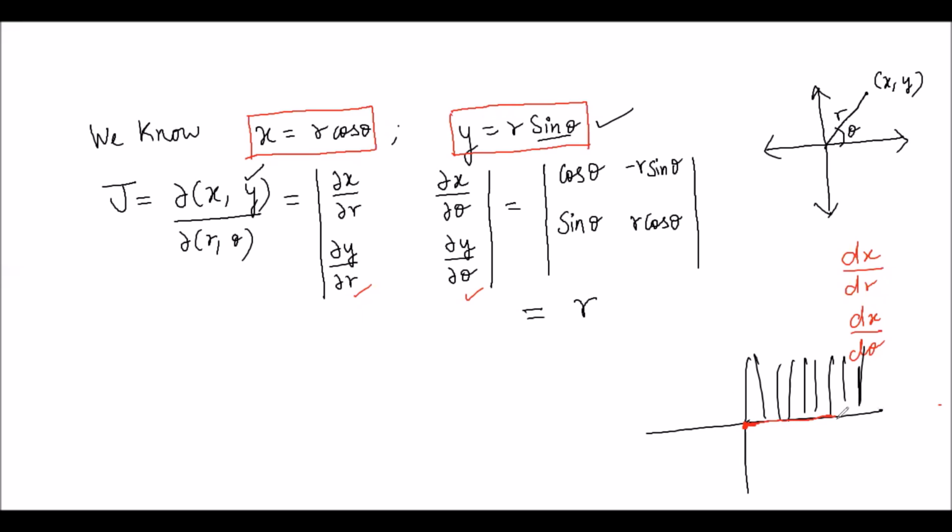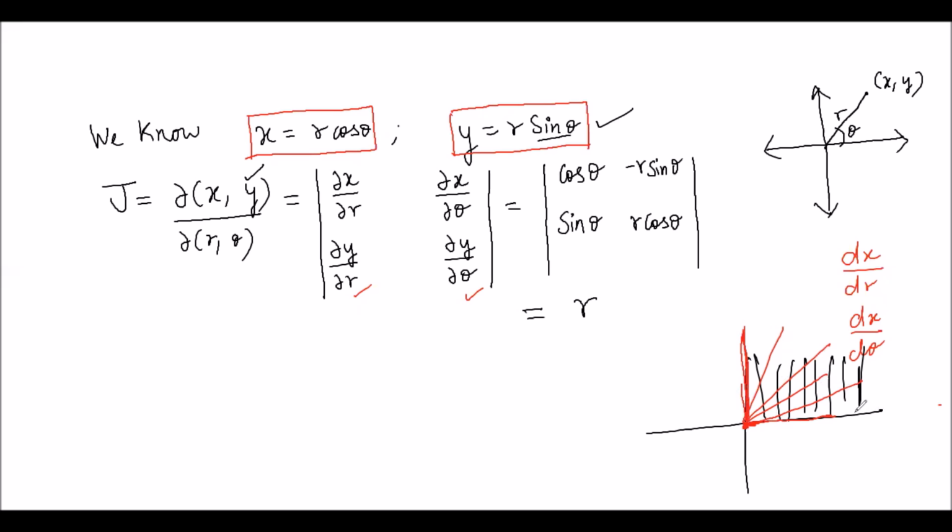For this particular red strip, theta is constant and that theta is 0. Now, if I consider other radial strips in this region, they will be like this. We have an infinite number of radial strips in this region of integration, which is the positive quadrant of our two-dimensional plane. And the last radial strip will be this one, which is the positive direction of the y-axis.